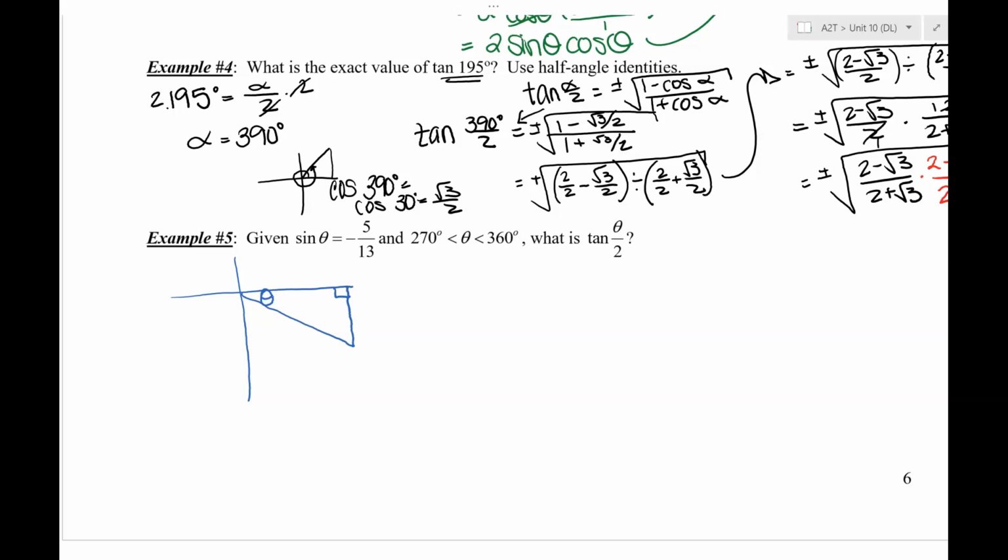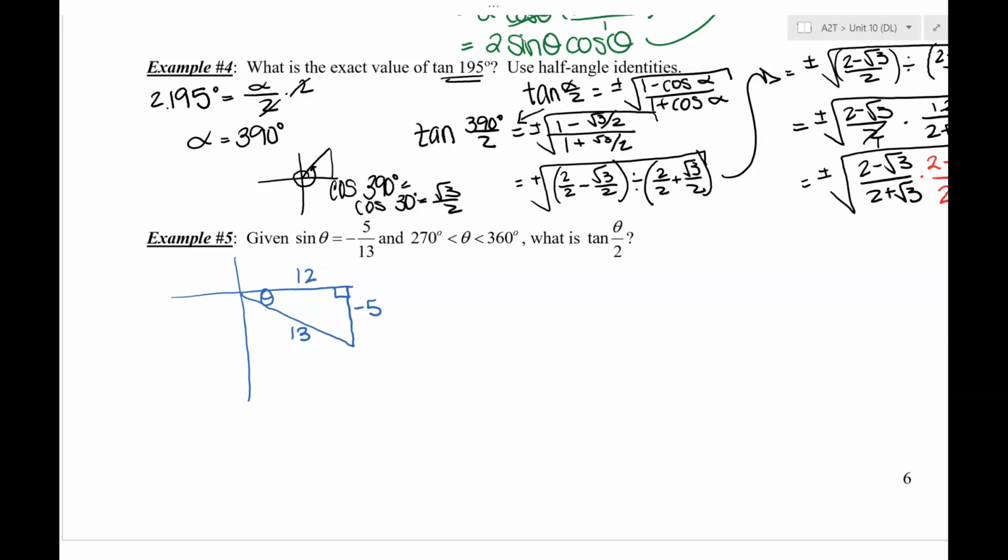And it tells me that sine is negative 5 over 13, so opposite has to be the negative because the hypotenuse is always positive. If you were to use the Pythagorean theorem, you would find that this is 12, and it's positive because in the fourth quadrant, the x-axis is positive.